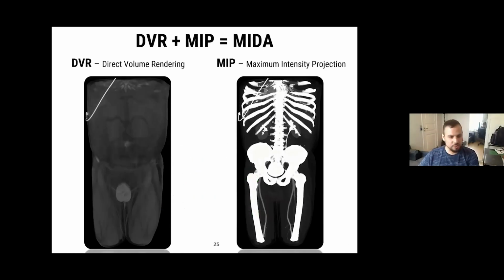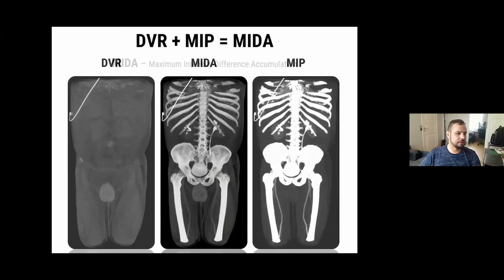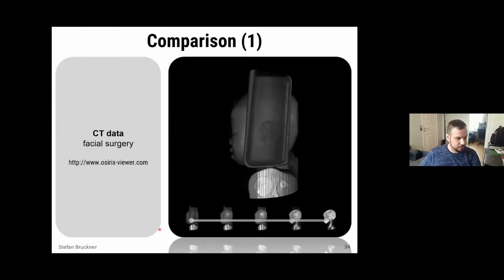There's a hybrid between those two approaches, where in essence, we can go ahead and create something that essentially follows the paradigm of DVR but incorporates some aspects of a maximum intensity projection. I do not have the time to go into full detail of how this works, but I will show an example that maybe illustrates this.